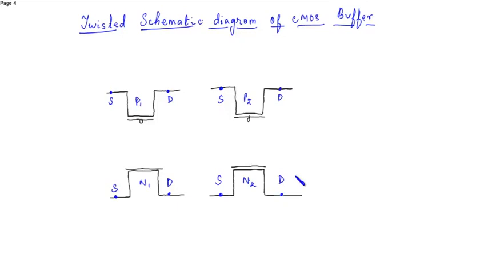Now we know these are the gate terminals. The gates of PMOS and NMOS are shorted for both inverters.